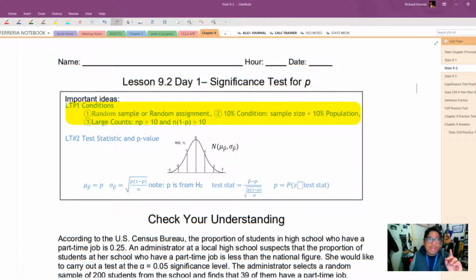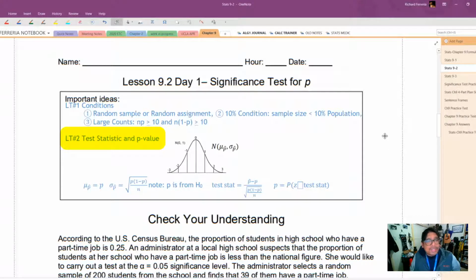So you needed a random sample or random assignment. The 10% condition has to be true. In other words, the sample size has to be less than 10% of the population. And then the large counts has to be true, where np is greater than or equal to 10 and n(1 minus p) is greater than or equal to 10.